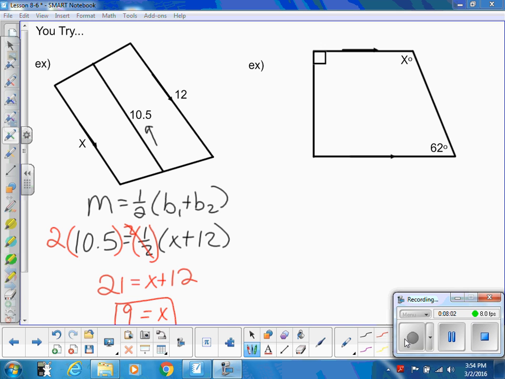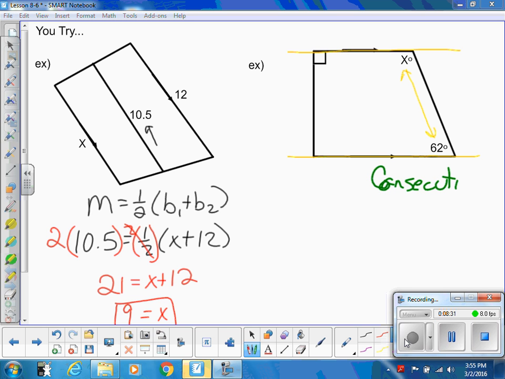Well, remember, just like in the parallelogram, if I extend out the parallel sides, and I look at these two angles here, I have the x and I have the 62. These are corresponding angles. Nope, I lied. These are consecutive angles.